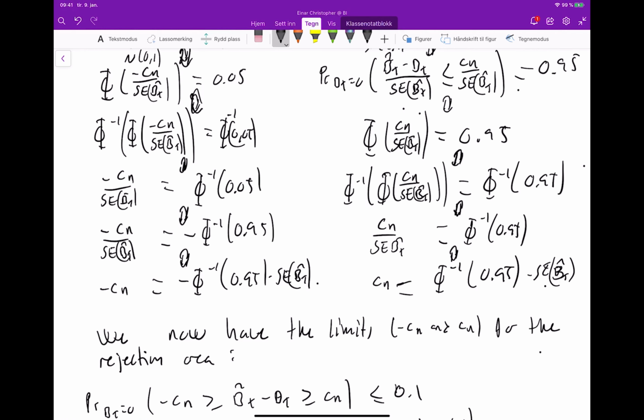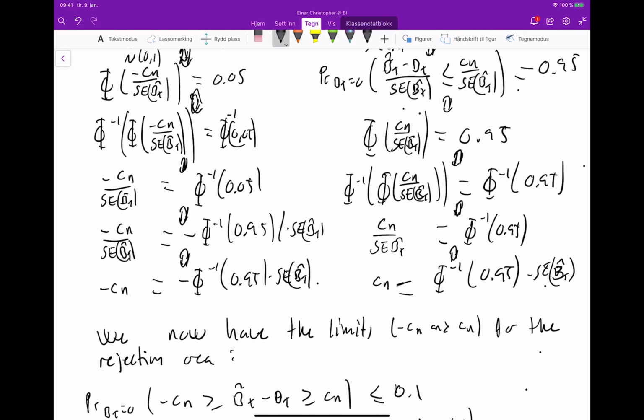But thinking about the symmetry in the normal distribution, we can say that this phi inverse of 0.05 is exactly the same as minus phi inverse of 0.95. You may make a drawing to see that this must be the same. And then I just times the standard error of beta 1 hat on both sides. And then I see what the limit minus Cn is.